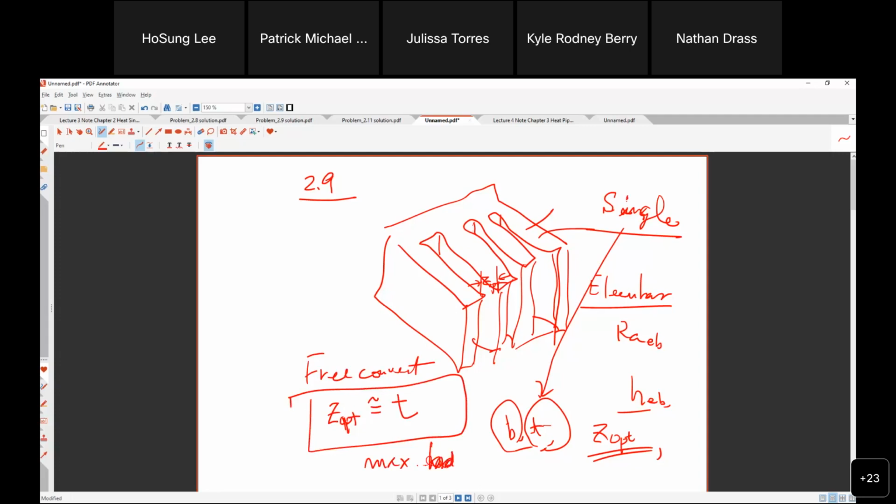Maximum... no, without constraint. I'm sorry, it's very confusing. Without constraint, yes. So be very careful. This is only without the constraint, maximum. If there's any constraint, then we have to find it.